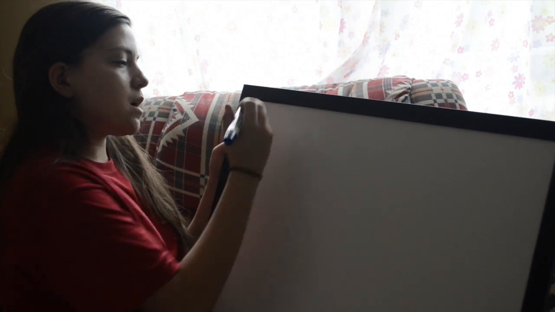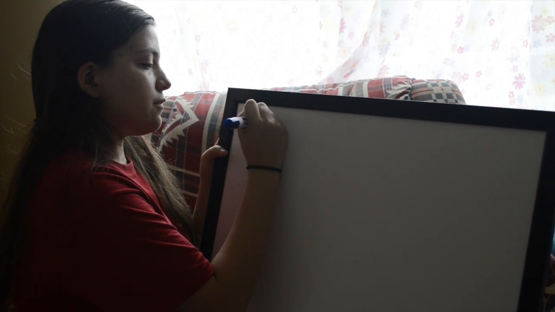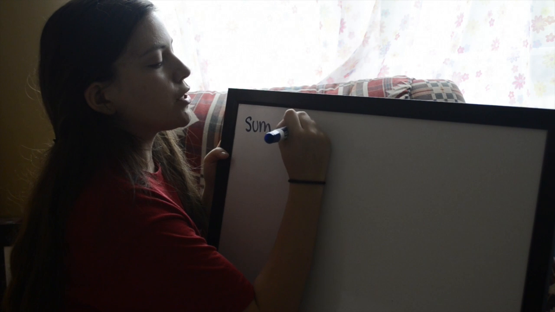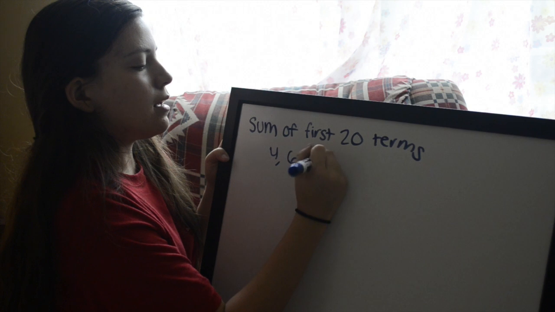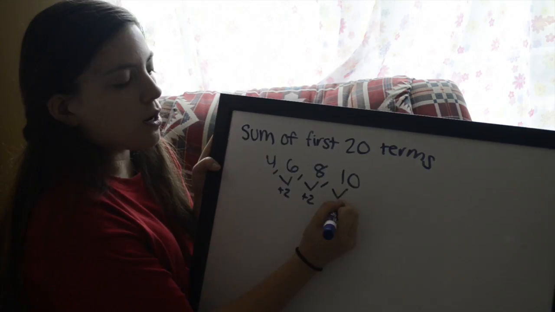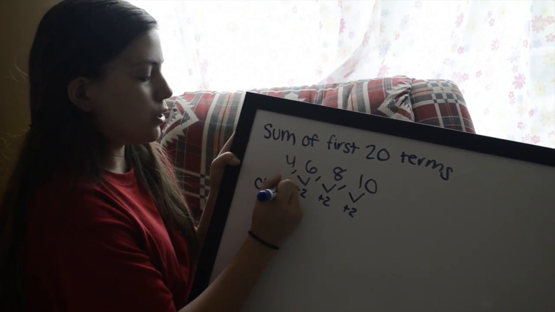So an example for a sum problem: this one asks us to find the sum of the first 20 terms of our given sequence, 4, 6, 8, 10. Our common difference, d, is equal to 2.